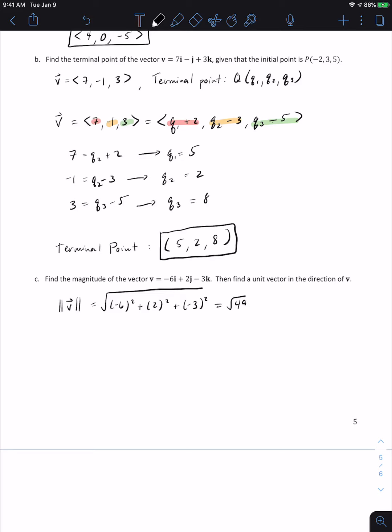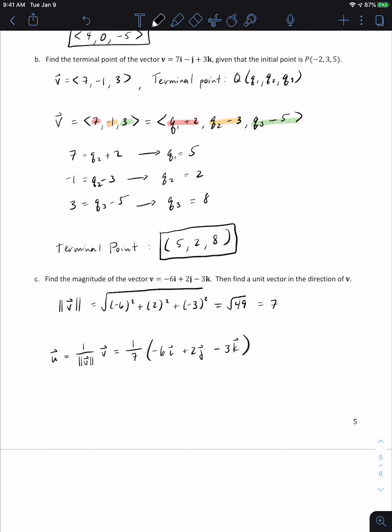And in order to find the unit vector in the direction, remember, we call that unit vector u, and it's just 1 over the magnitude of v times the vector v. So 1 over the magnitude is 1/7, and then we're multiplying. Let's practice using the standard notation, this i, j, k notation. So this would be negative 6i plus 2j minus 3k.